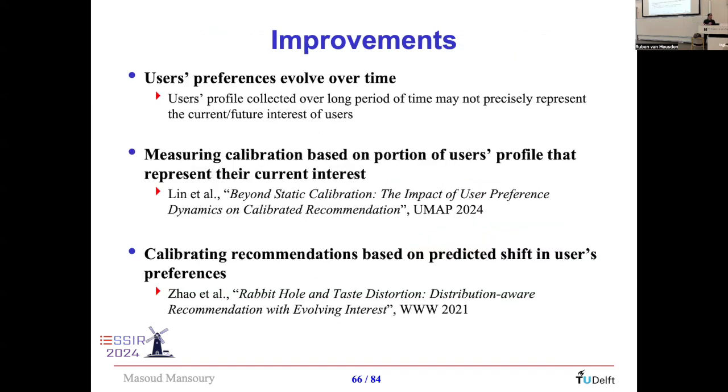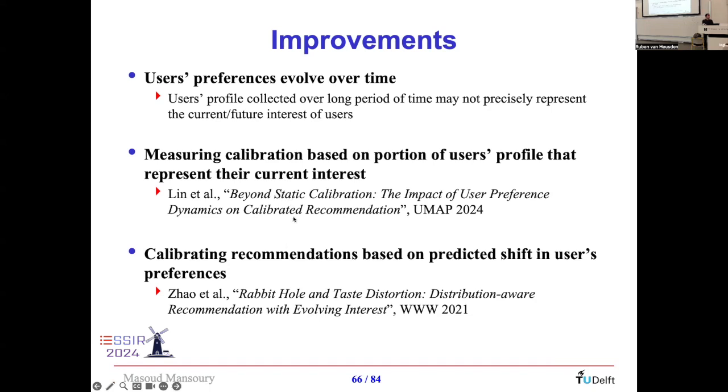So there are also certain improvements. As we also had a question, the user profile in the system is usually collected over a long period of time, and the user preferences usually evolve; they have changes in their preferences. The items or maybe the types of preference that we had, for example, years ago might be different from now. There are two research works that I'm sharing here.